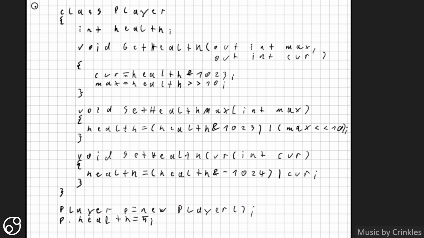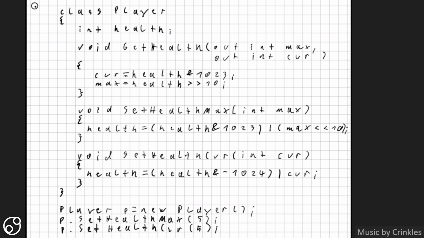The intended way would be to use the method we defined, player.setHealth max, and maybe set this to 5, and then p dot set health current also to 5.